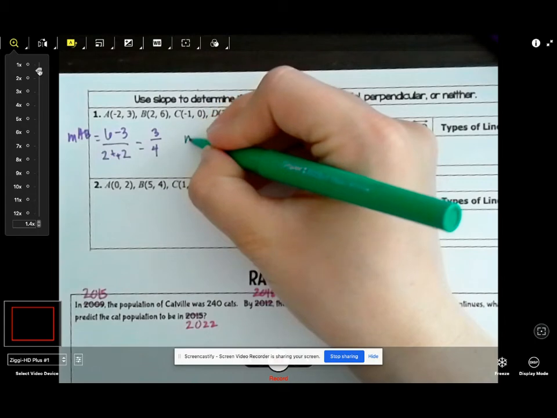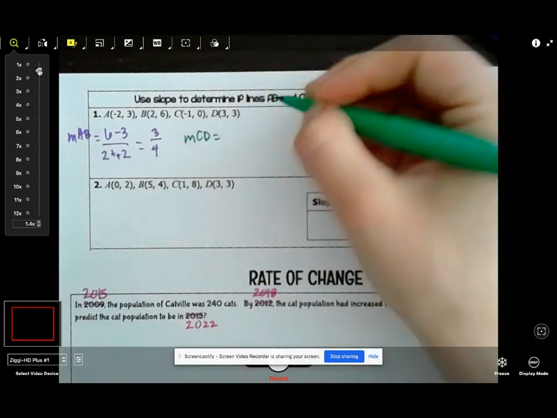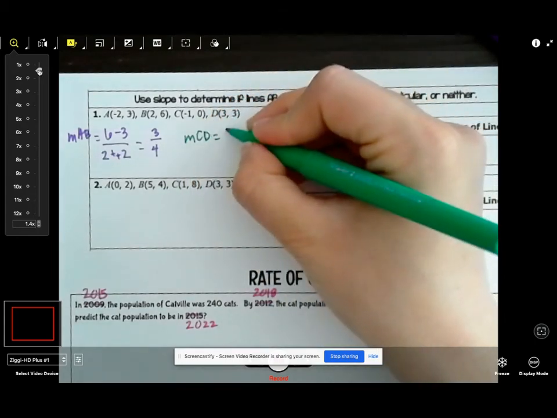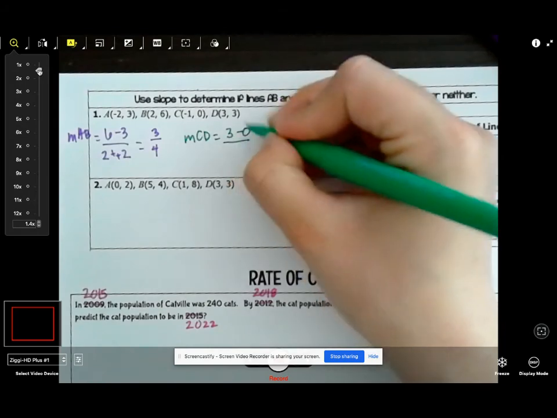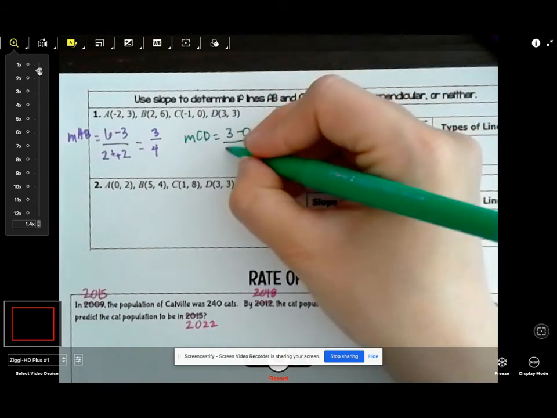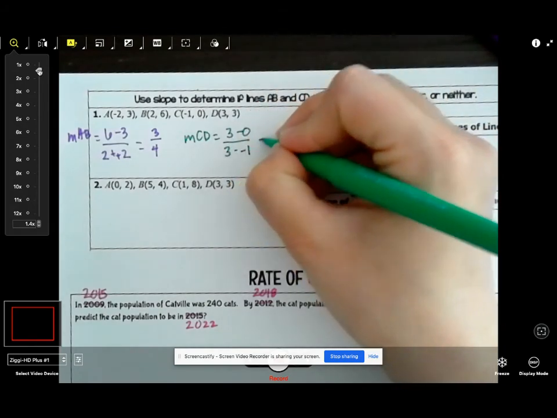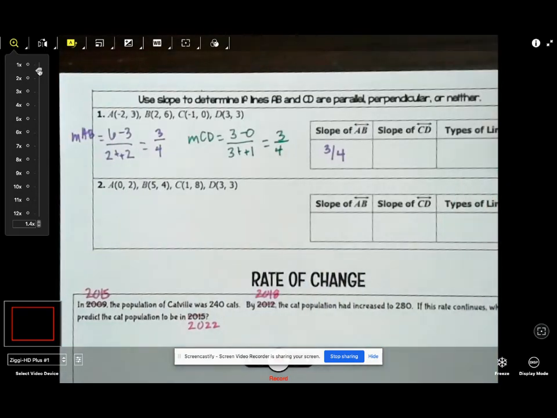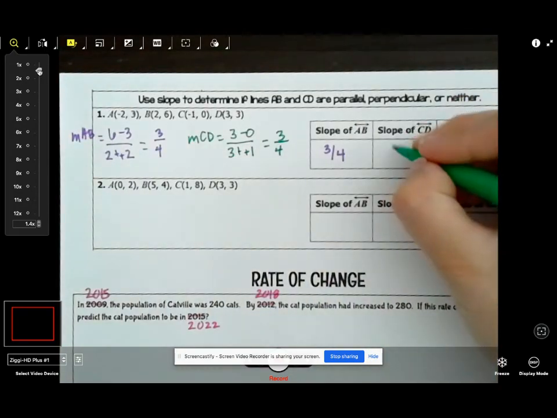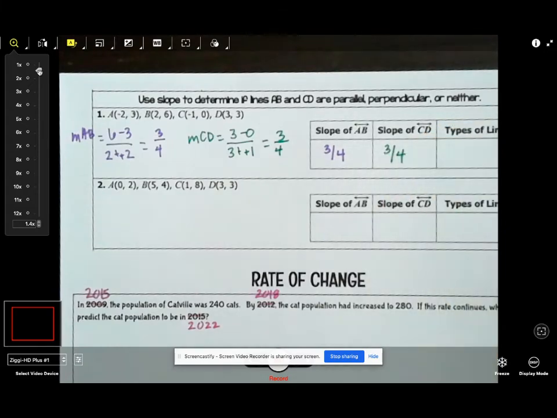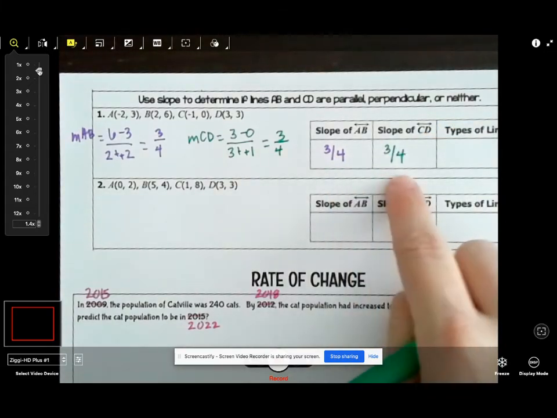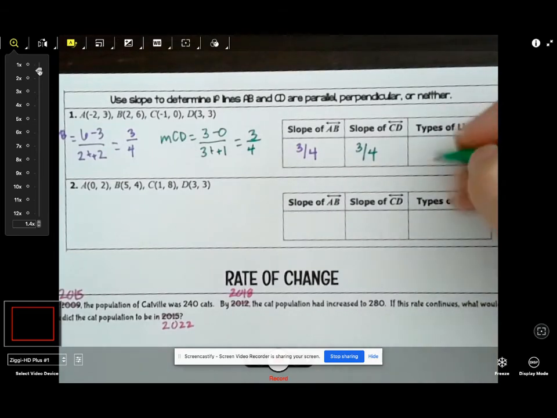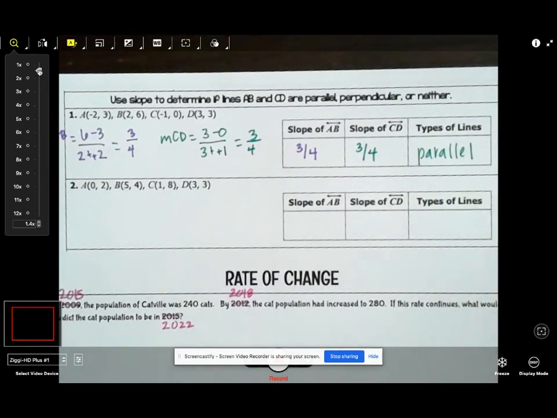Same idea. So we're going to have our y2, so 3 minus 0 over our x2, 3 minus -1. Look at that, folks. We get 3/4. So if both of my slopes are 3/4, we know that those lines are parallel. They have the same slope.